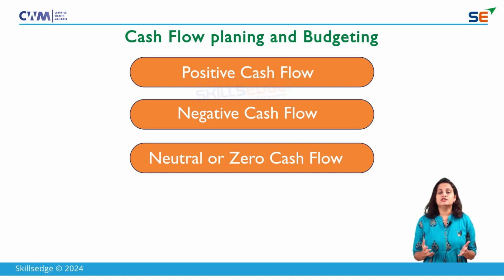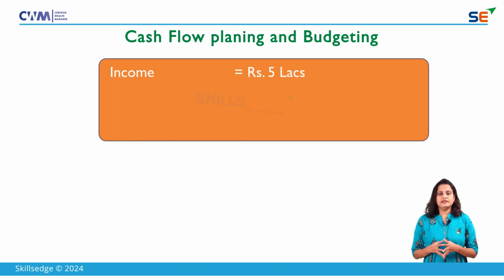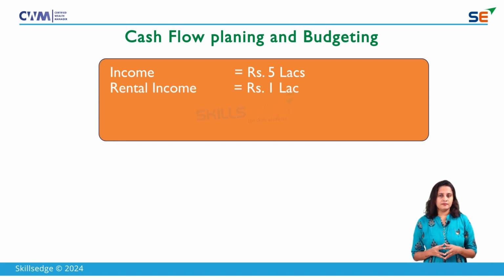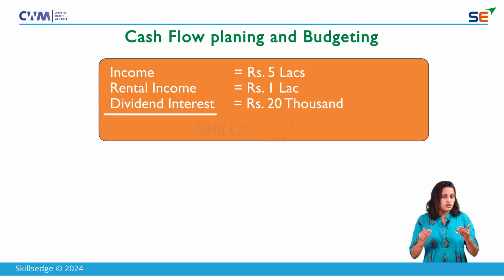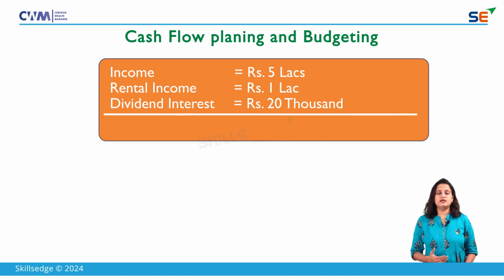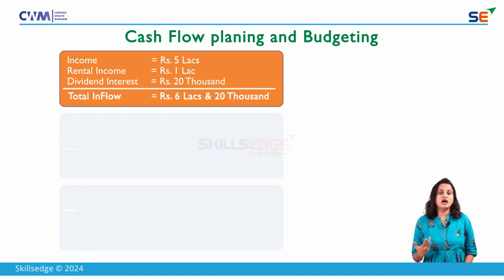Let us take a small example. Other income is rupees 5 lakhs, rental income is rupees 1 lakh, dividend interest received is rupees 20,000. The total inflow is rupees 6,20,000. Now, let us check the outflows.